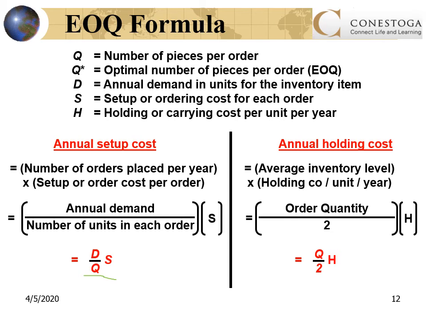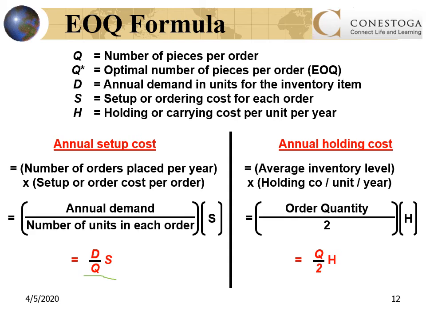Now let's come to the holding cost. Q is my order quantity, say 100. But as we have seen in the previous case, the inventory keeps on reducing and finally reaches 0.